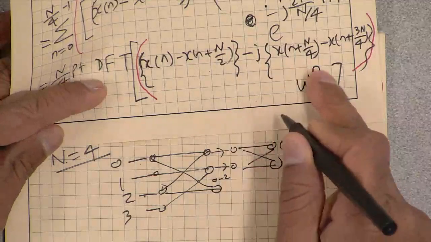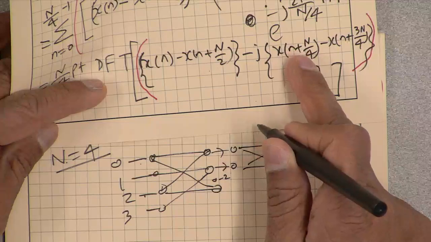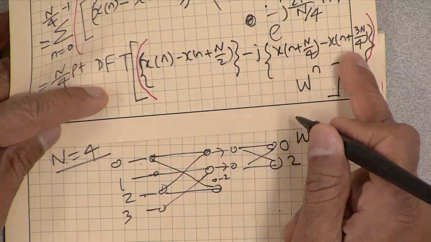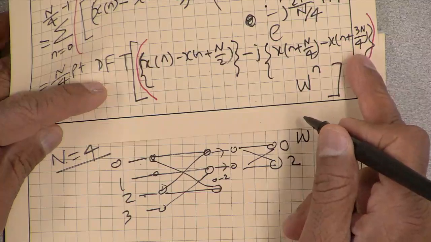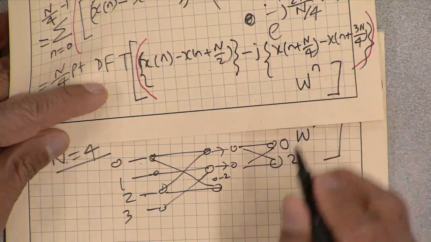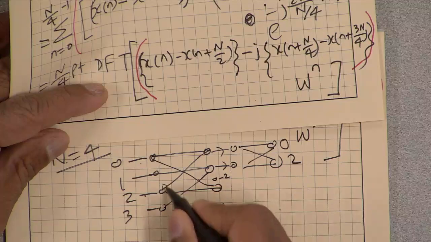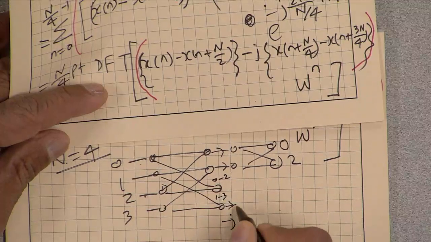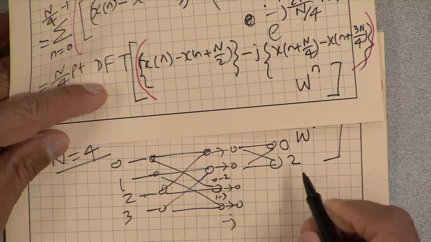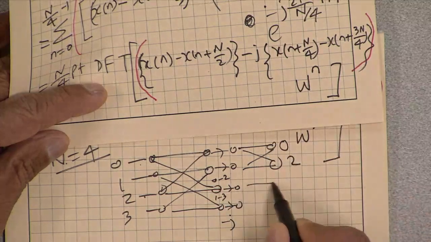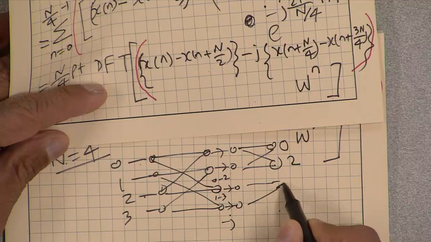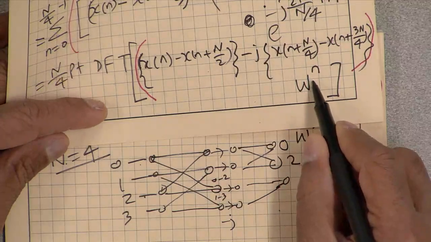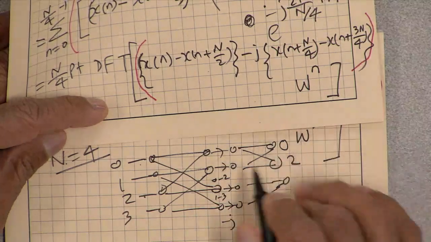Minus j times, substituting 0, n is 4 by 4 is 1, so 1 minus 3. That's 1 minus 3. Multiply this by minus j and then add to that. W to the power 0 is 1, there's nothing more to do.